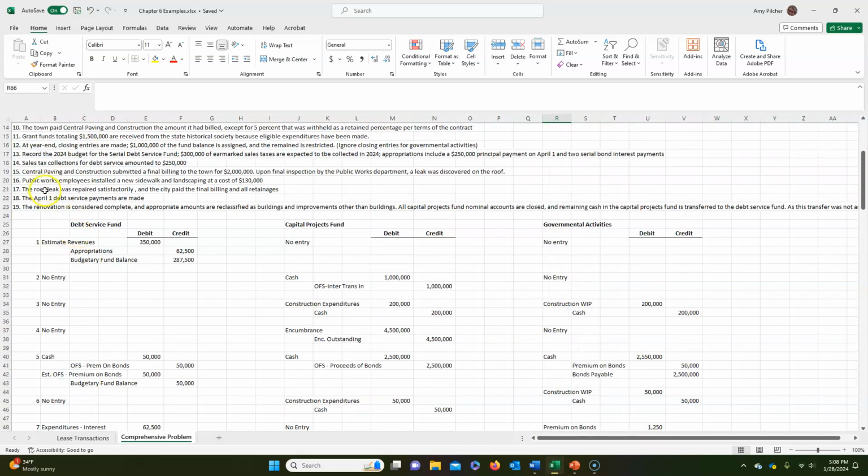Transaction 12. At year end, closing entries are made. $1 million of the fund balance is assigned and the remaining is restricted. Ignore closing entries for governmental activities. So transaction 12.